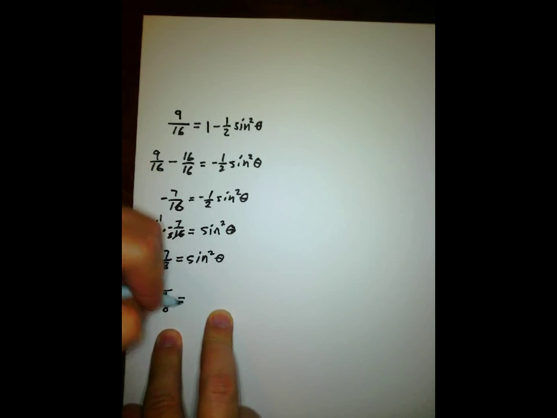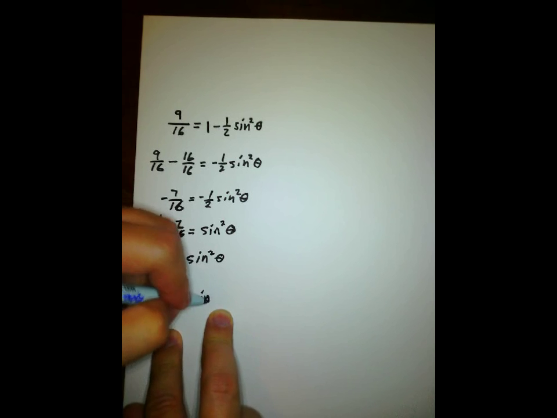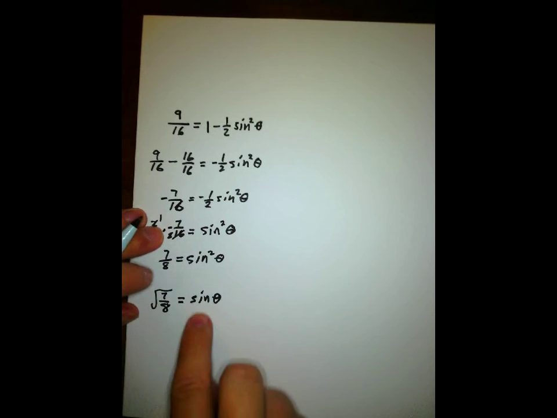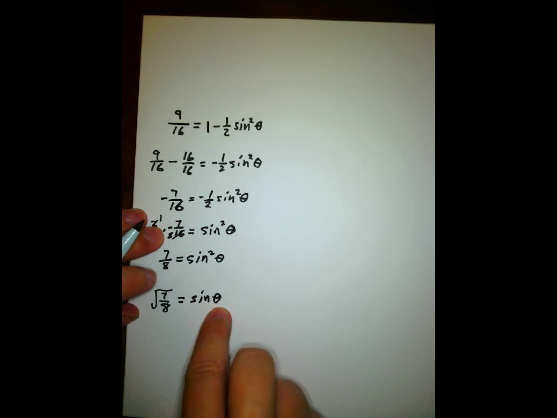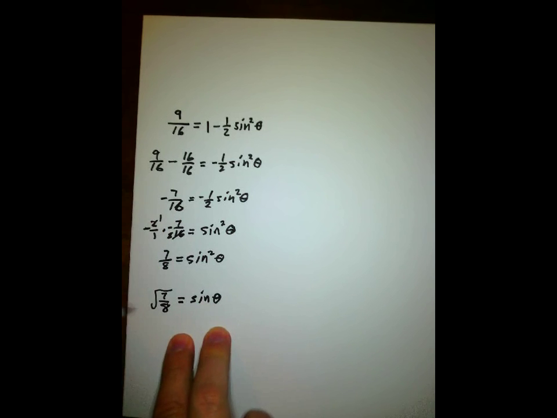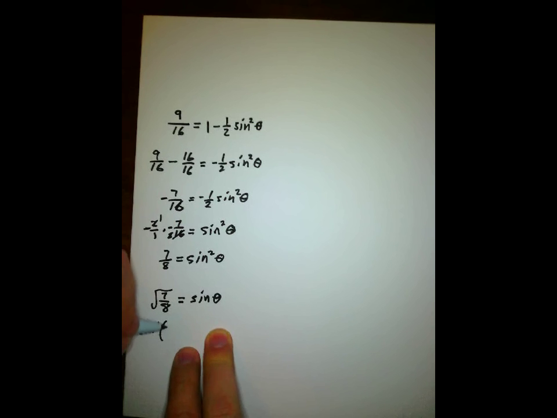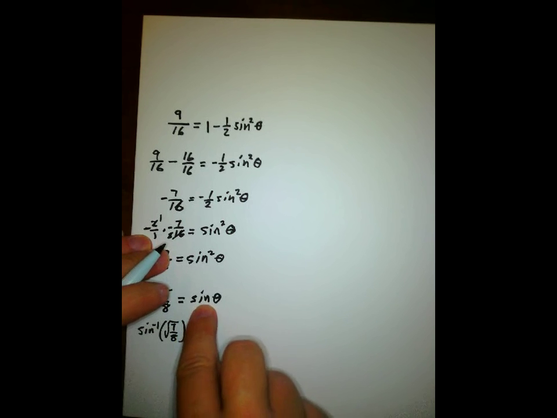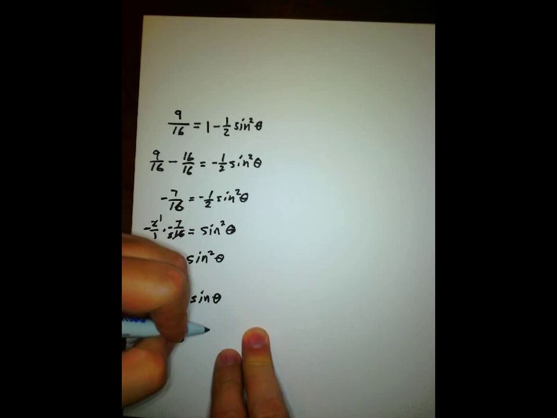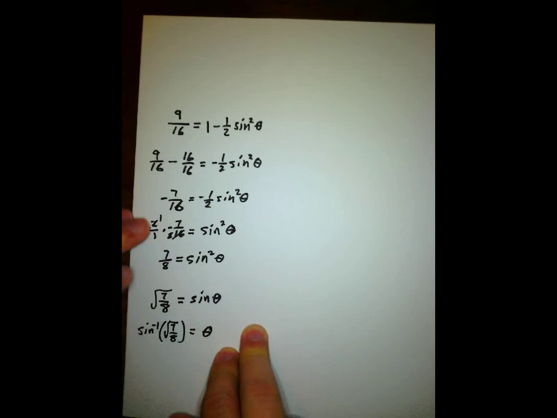And square root of sine squared is just going to give me sine theta. And we know that to find theta, we have to take the inverse sine of both sides. Inverse sine of sine, they cancel each other out, and we're left with theta.